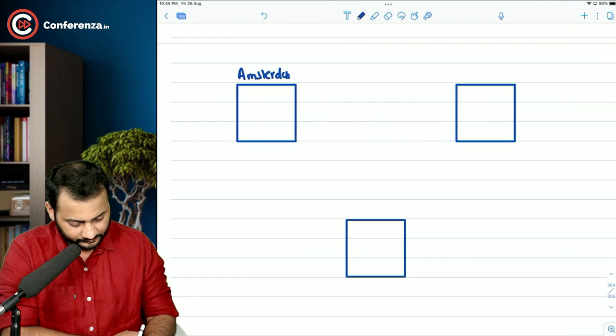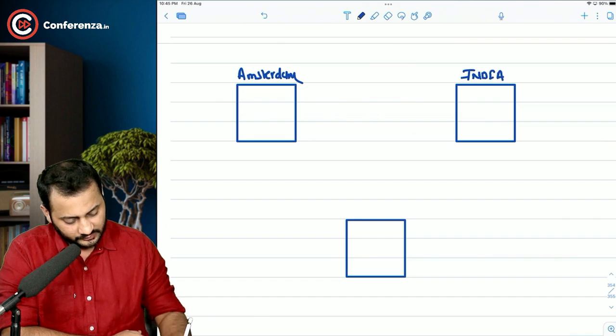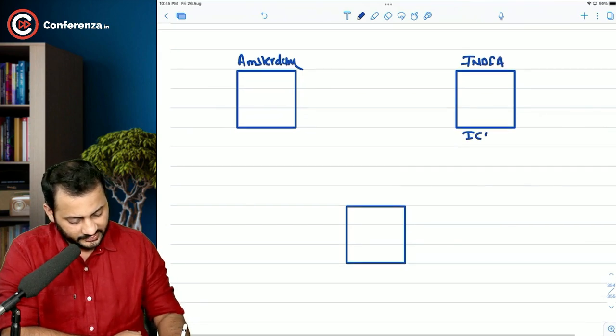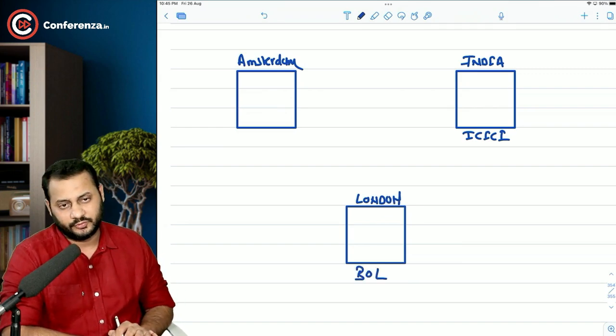Amsterdam. Let's say this is India and this is ICICI Bank, and this is London, Bank of London. Okay.